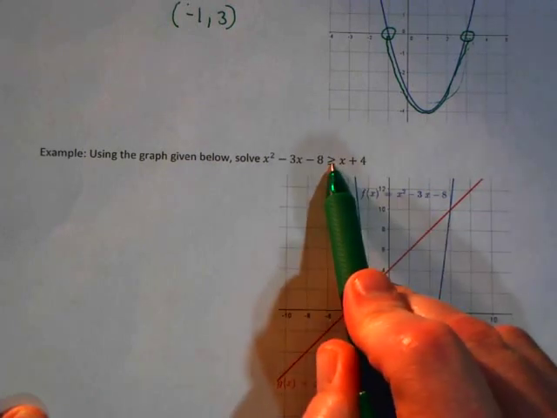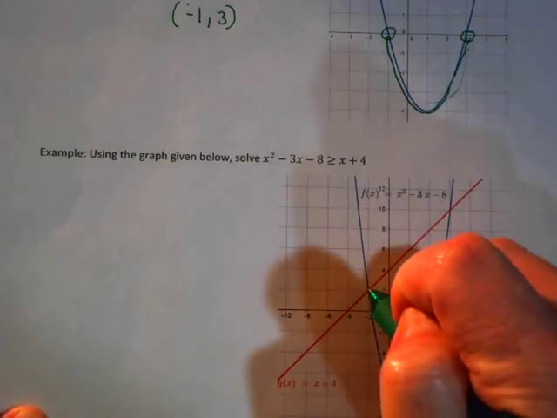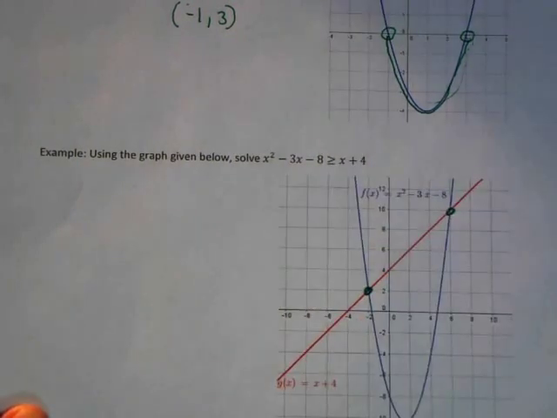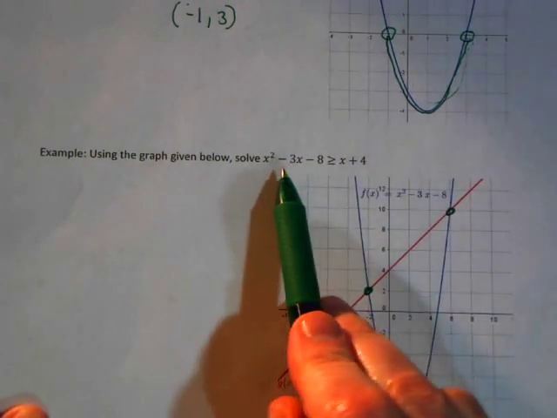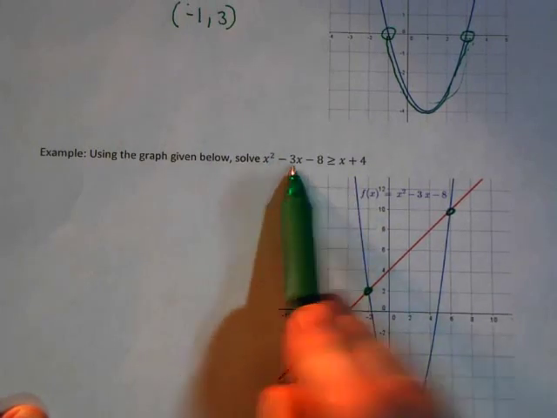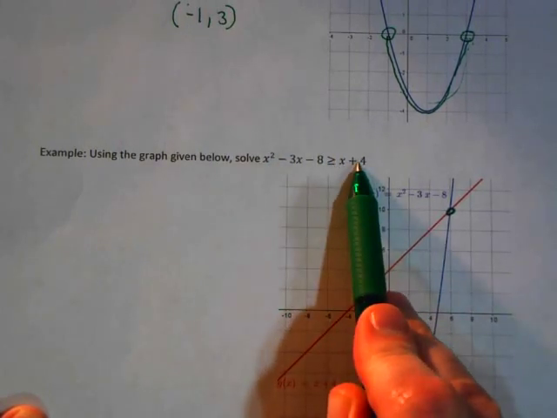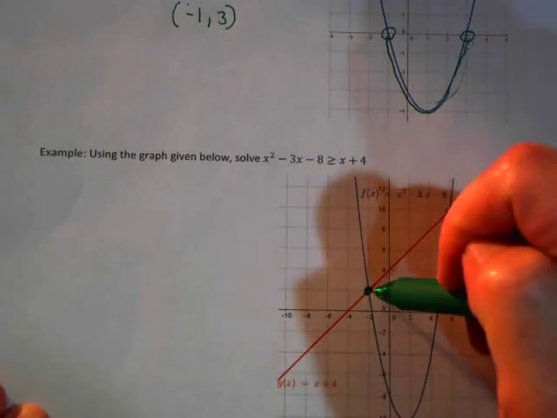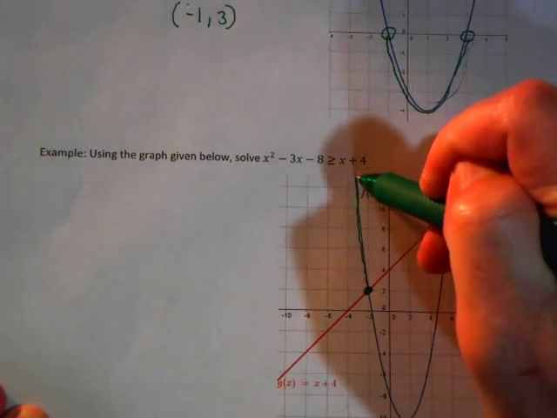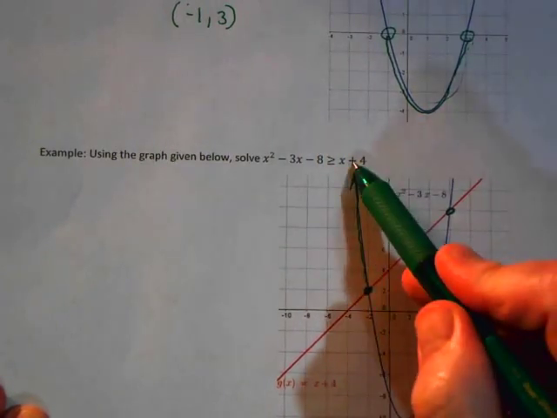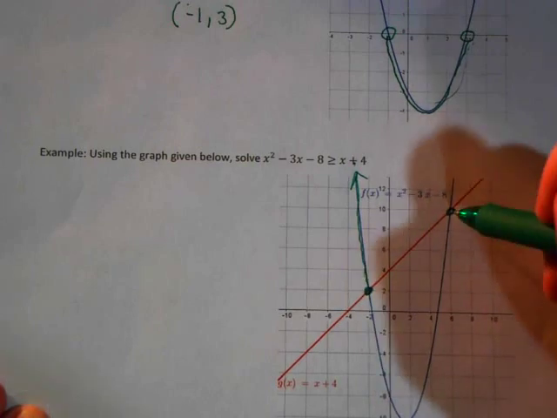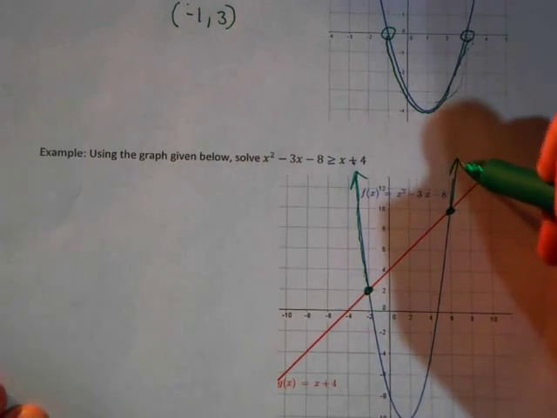First off, where are they equal? They're equal right here where they cross. And then we want the blue one to be bigger than the red one. Bigger than means higher. So we want that part. The blue is above the red there. We don't want any of this part because the blue is below. And then we want this part.